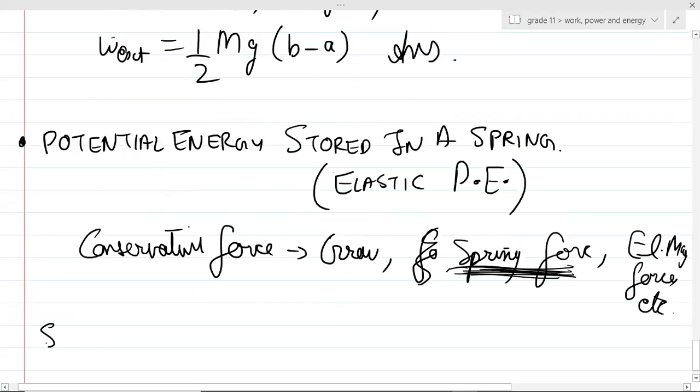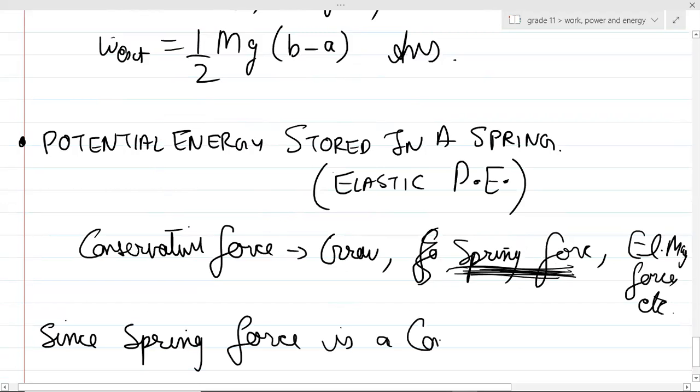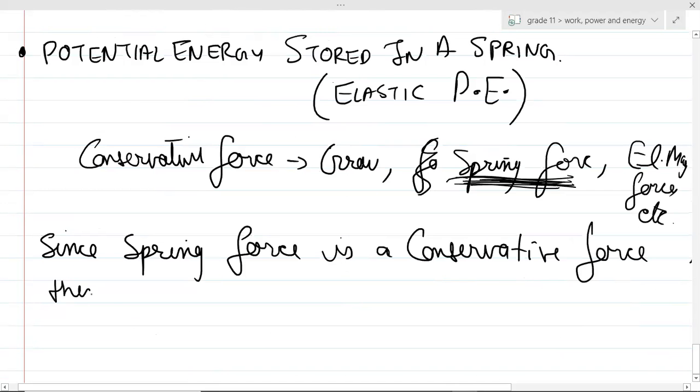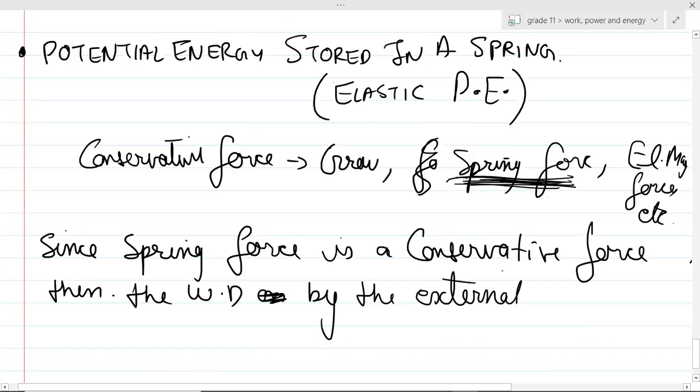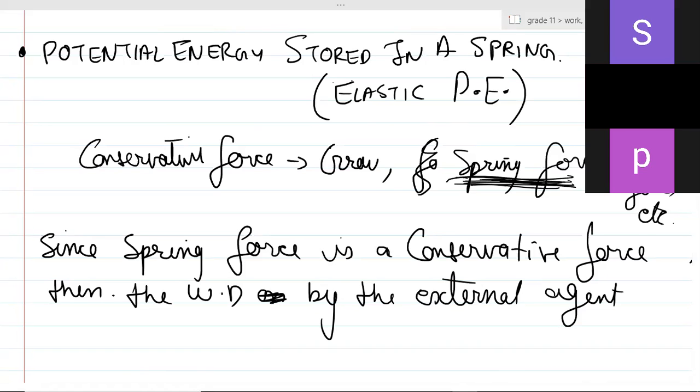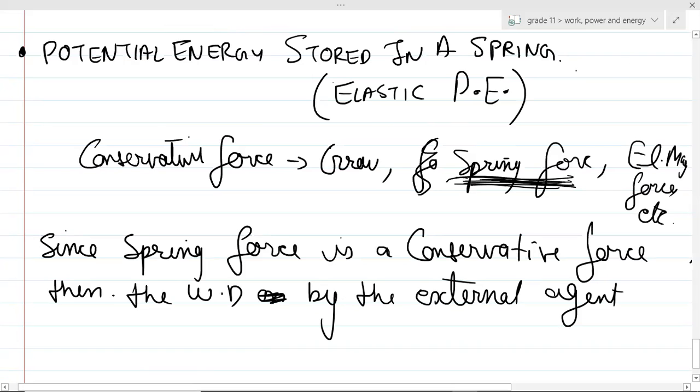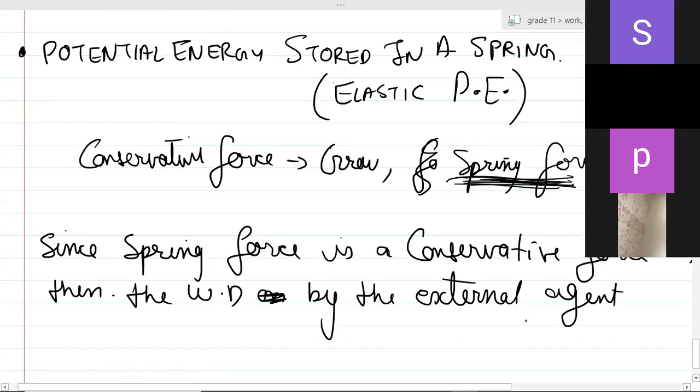So since spring force is a conservative force, then the work done by the external agent.